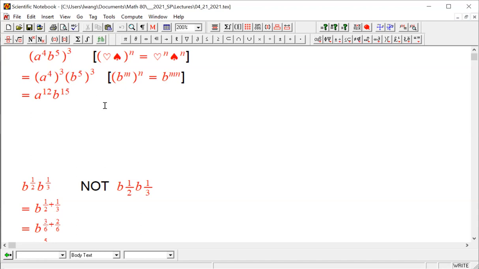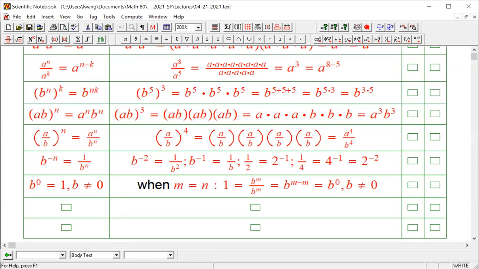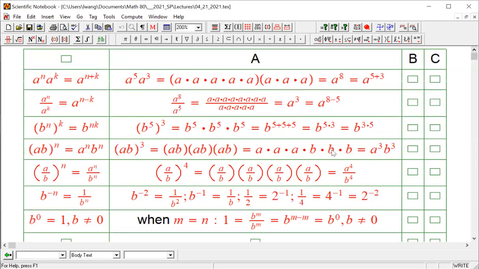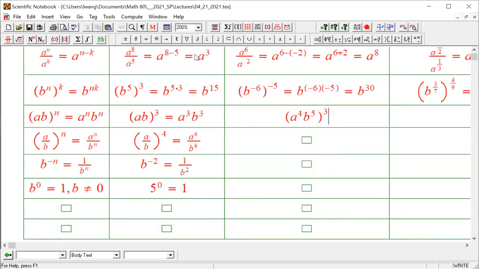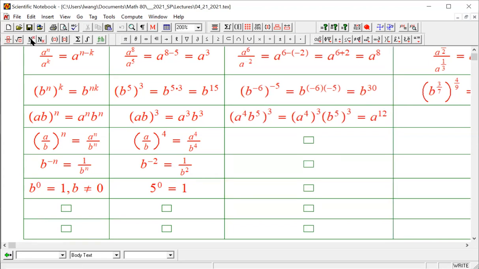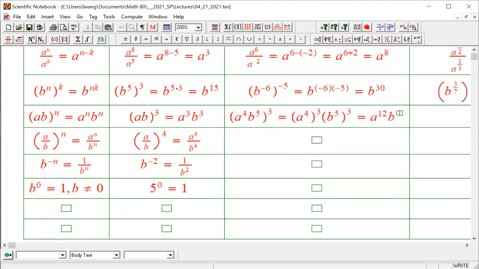We're done. So if you are to put it back, that's going to be a raised to the power 12, b raised to the power 15.